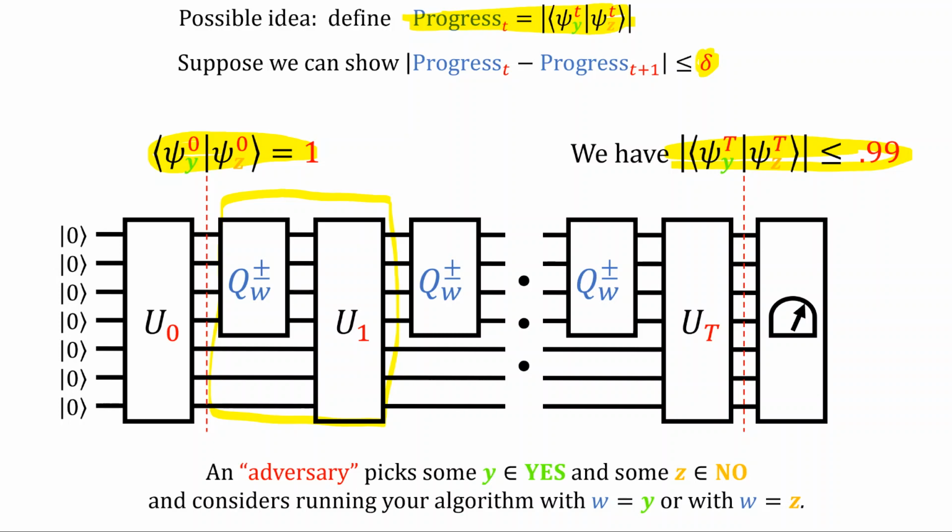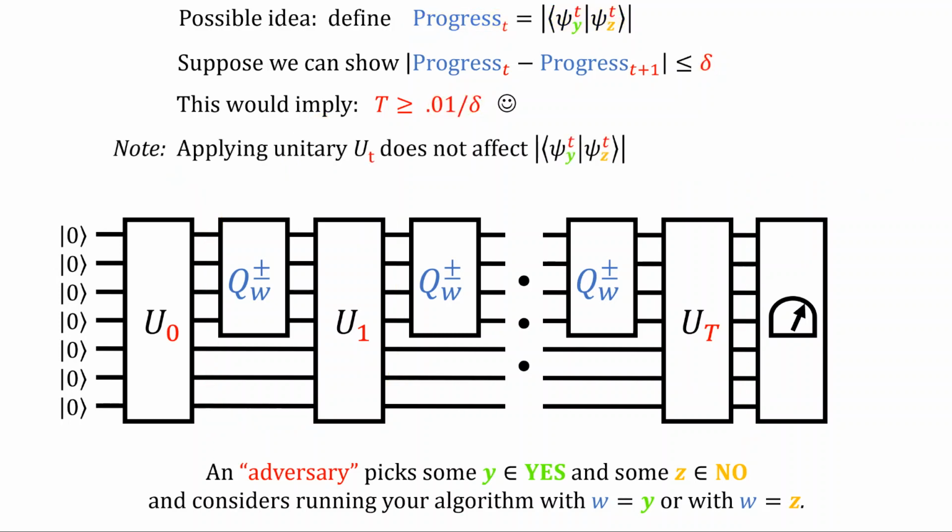Well, we see that it has to get from 1 down to 0.99, and if it can only go by at most delta in one step, then it's going to take proportional to one over delta steps, let's say 0.01 over delta steps, in order to do that. And that proves a lower bound on the number of queries, capital T, made by the algorithm, something like constant over delta. And that's exactly what we're shooting for. So that's the basic plan of the adversary method.